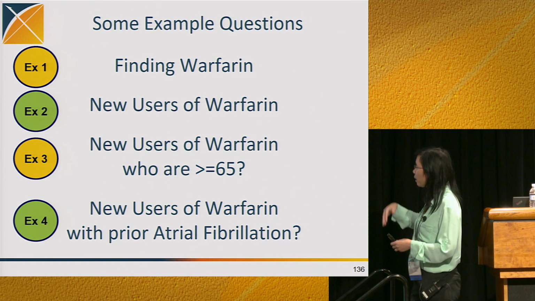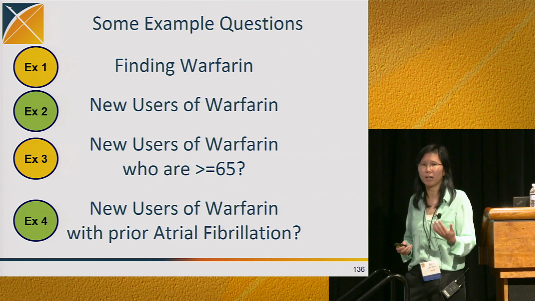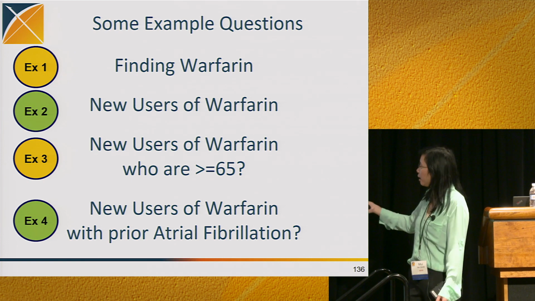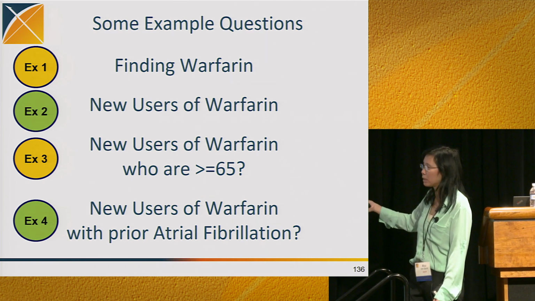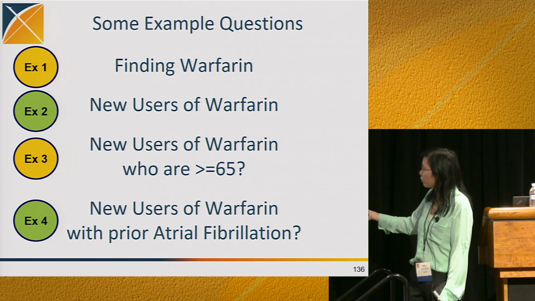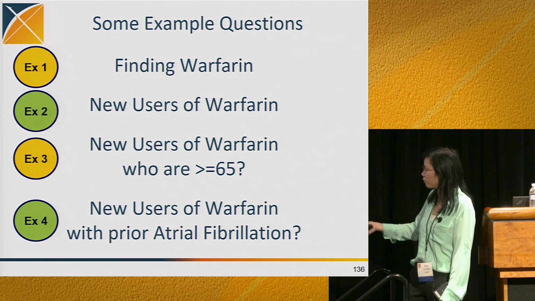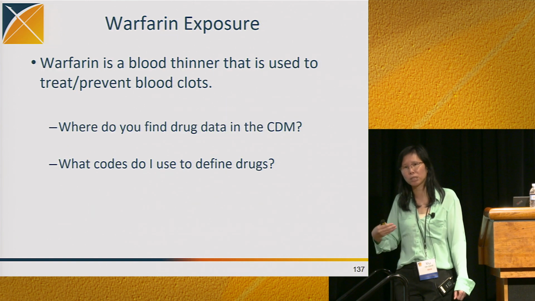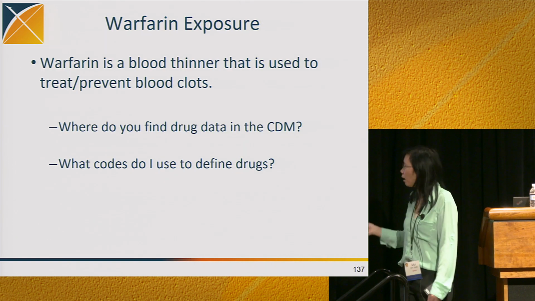So as part of our exercise, we're going to first of all just find warfarin. How do you find warfarin in the system? And then how do you find new users of warfarin in the system? And then new users of warfarin who are over 65, and then new users of warfarin with prior atrial fibrillation. So those are the 4 different cohorts that we're going to go through with you guys.